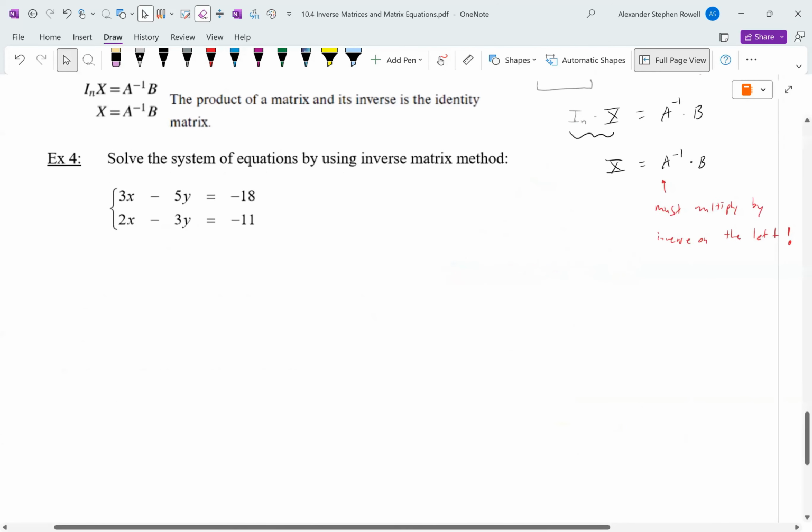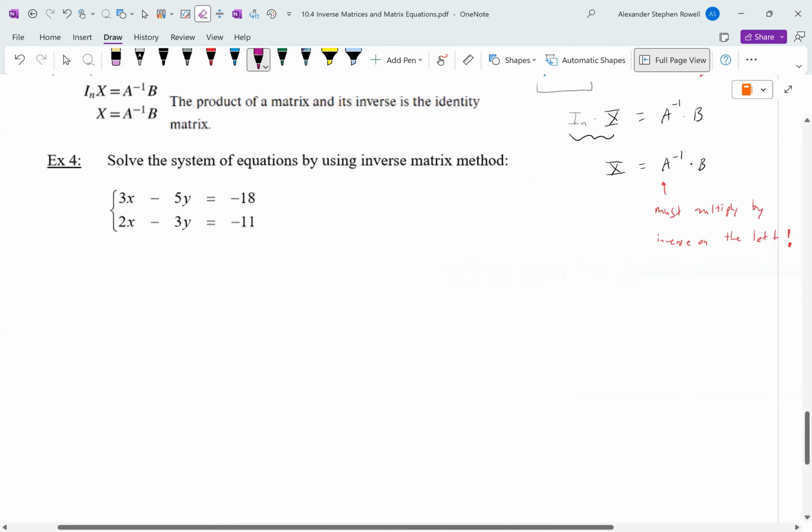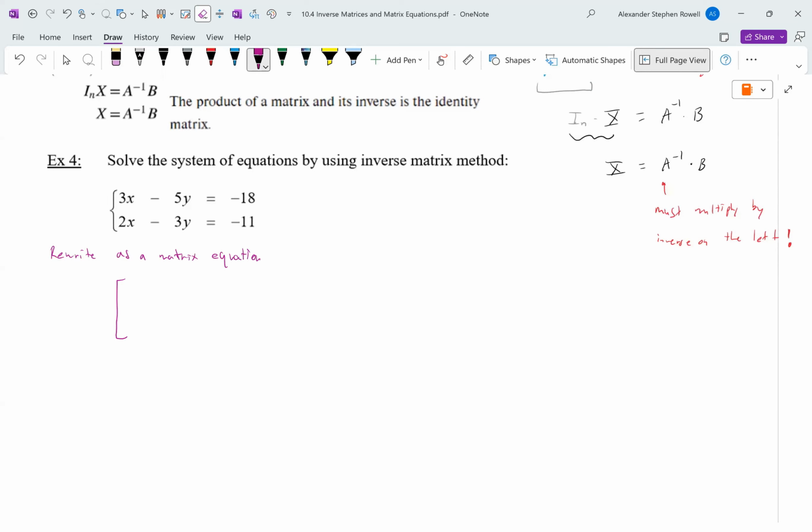So first we're going to write this as a matrix equation. I'm going to write it as a vector on the left, 3x minus 5y and 2x minus 3y, is equal to the solution vector, negative 18, negative 11, or we also call that a column matrix.